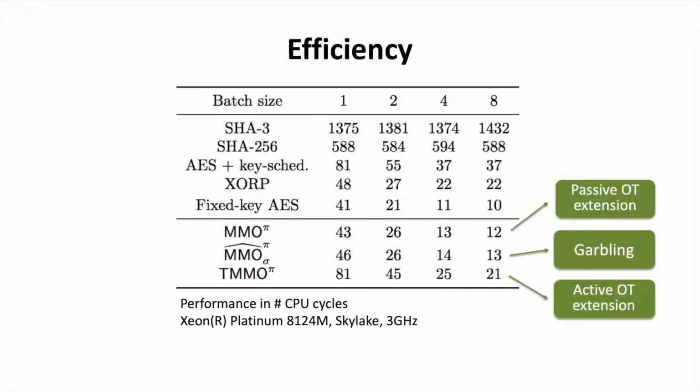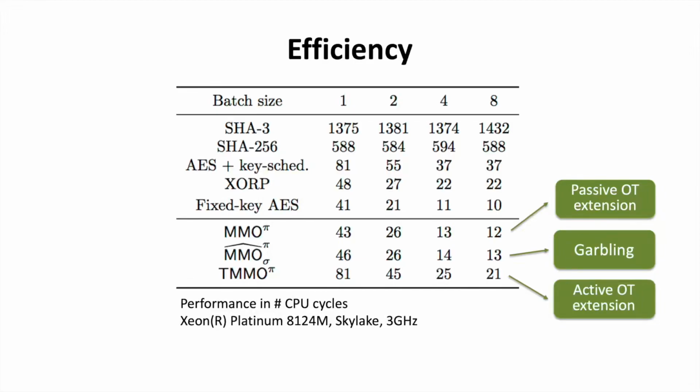So now let's look at the efficiency. All our constructions, MMO and the tweakable correlation robust ones, can be used securely and efficiently for different purposes. For example, actively secure OT extension can use a tweakable correlation robust hash function that only requires roughly 20 cycles per hash.